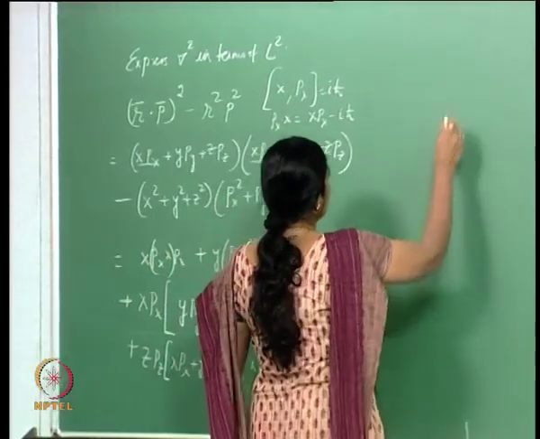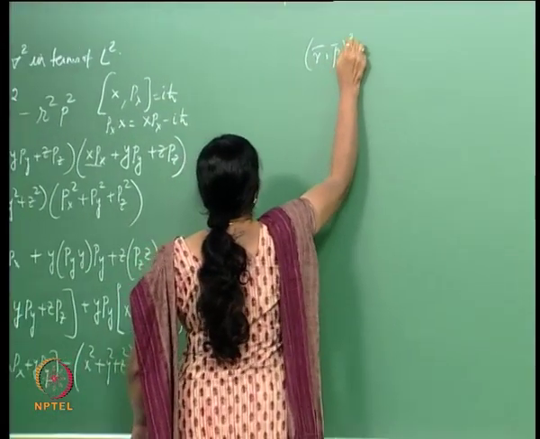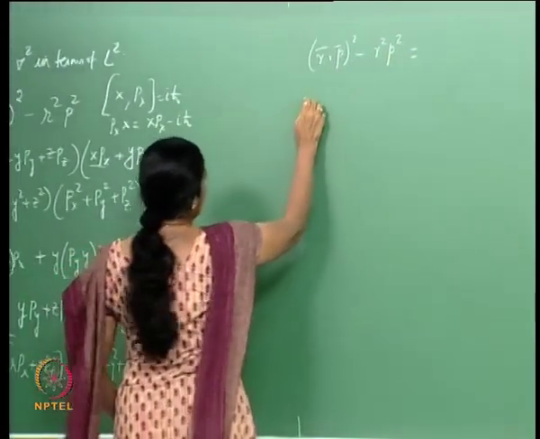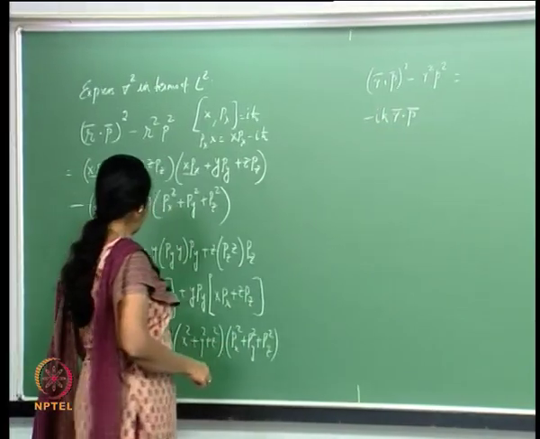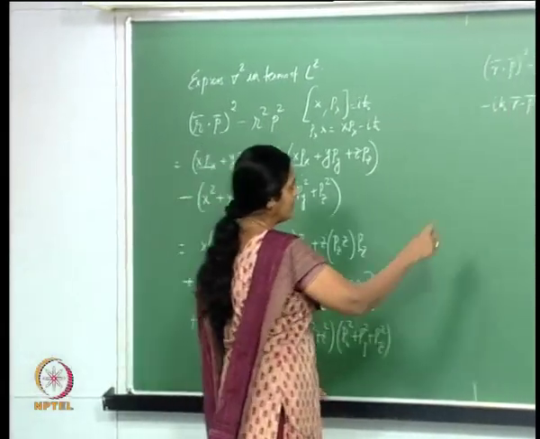So, therefore, I have (r dot p) the whole squared minus r squared p squared is minus i h-bar r dot p. All these terms continue to survive.